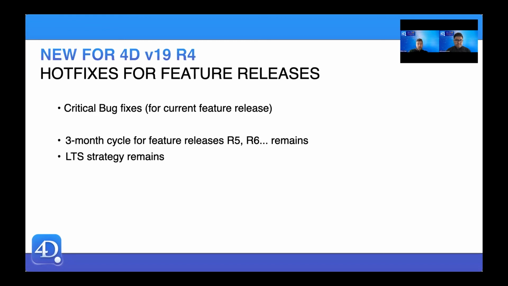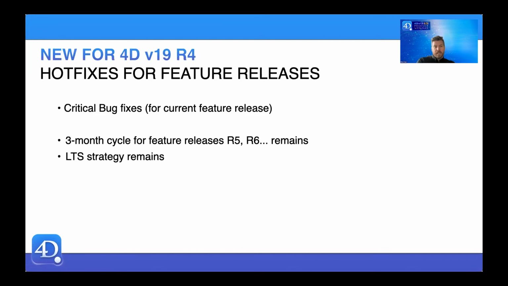Now, how will this work? Say we delivered 4D 19 R4 in April. 19 R4 hotfix 1 will be delivered in May. 19 R4 hotfix 2 will be delivered in June. And 19 R5, right on schedule, will be delivered in July. Now in August, we will deliver, you guessed it, 19 R5 hotfix 1.